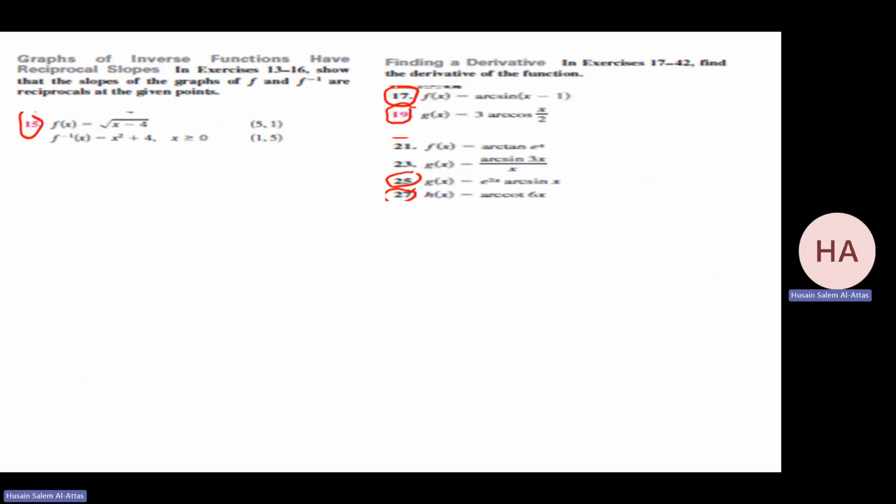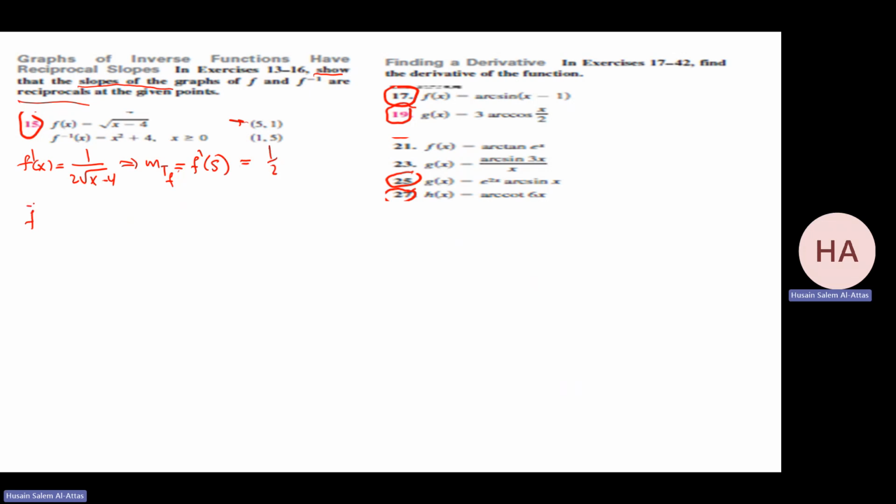Okay, now we'll go to this question. What they want: show that the slopes of the graphs of f and f inverse are reciprocal to each other. So I have f of x, f prime of x is 1 over 2 root (x minus 4). So I have m tangent of f is f prime at 5. This is the point. So that will be 1 over 2.